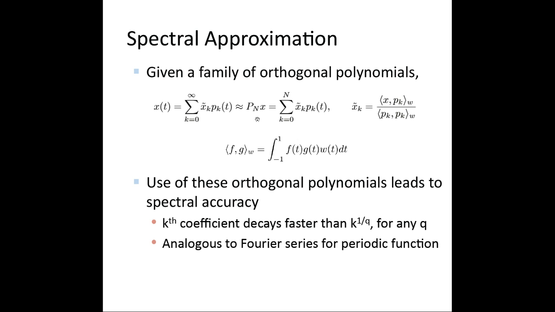So we call the polynomial interpolant of the function x Pn x, where n is the order of the polynomial series. So use of such orthogonal polynomials is what leads to spectral accuracy. That is, the kth coefficient decays faster than k to the 1 over q power for any q. And this is analogous to a Fourier series for a periodic function.